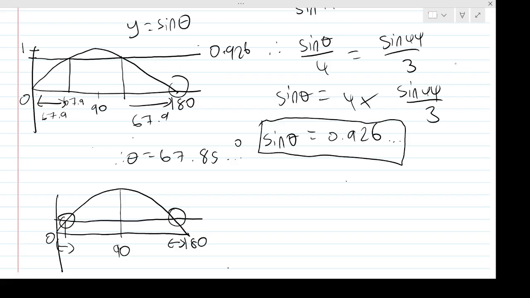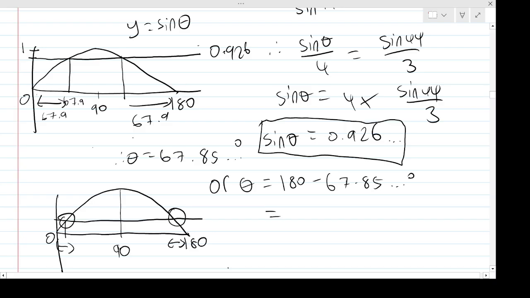So the other possible value of theta is going to be 180 take away this 67.85, which, if I put that in the calculator, gives 112.15 degrees. Okay, cool. So I've got two possible values of theta.